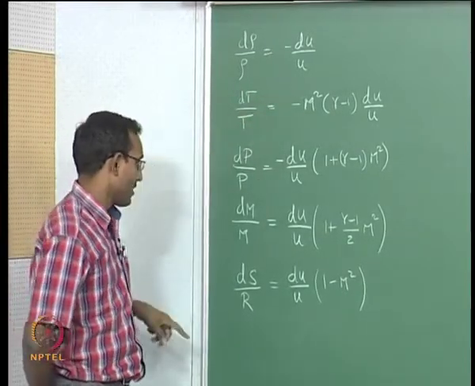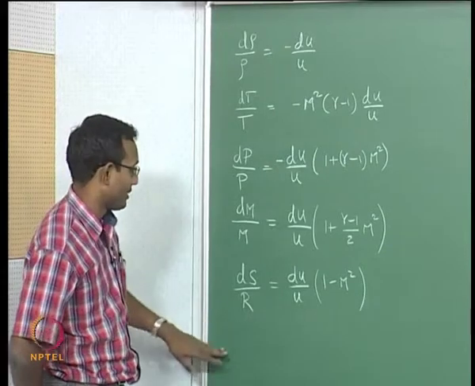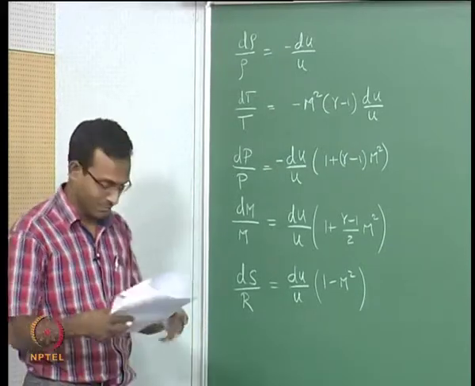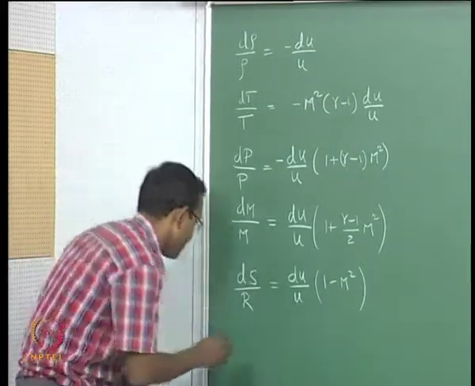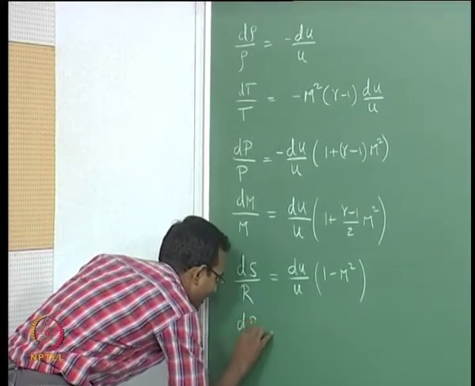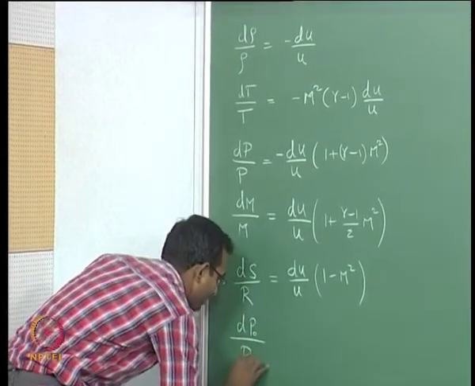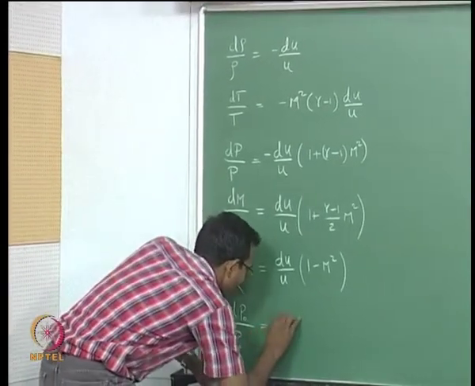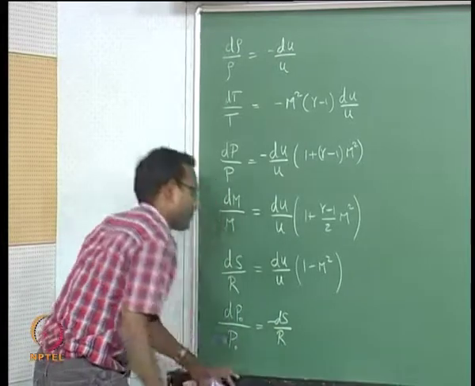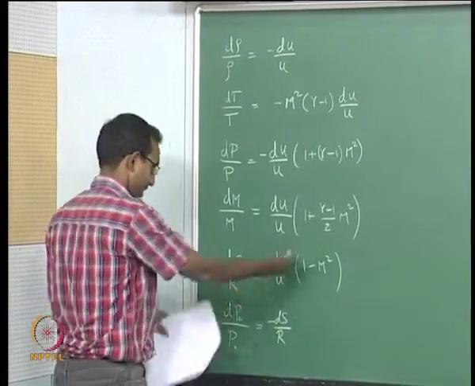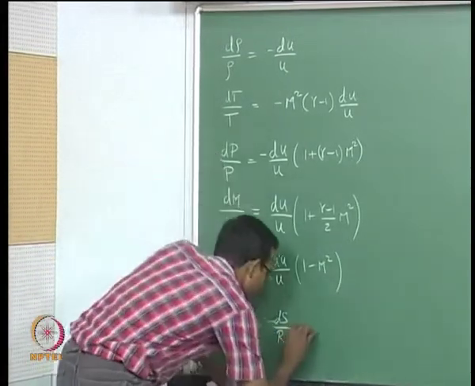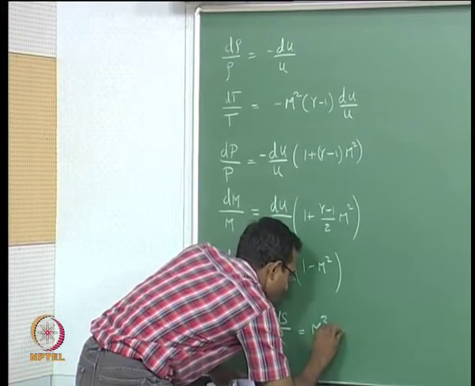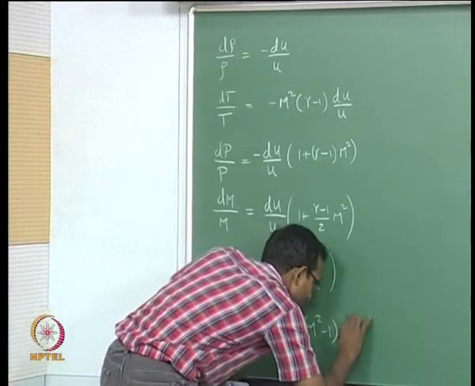I did not write one more here, dP naught by P naught. I will write that also right now. It is not anything great. dP naught by P naught can be shown to be equal to minus ds by R. So, it is just the negative of the previous expression there, (M square minus 1) times du by u.